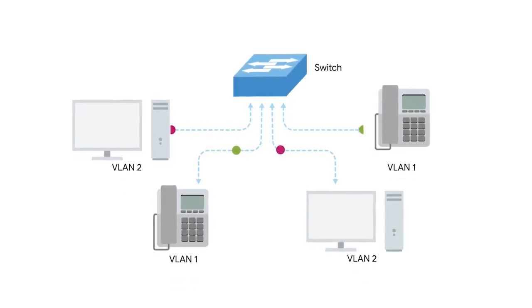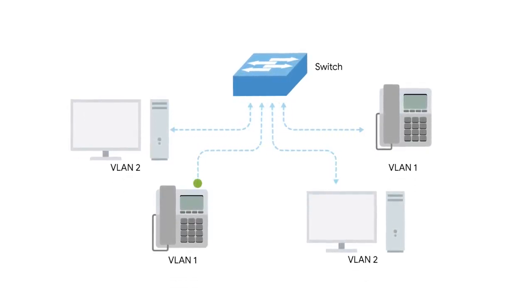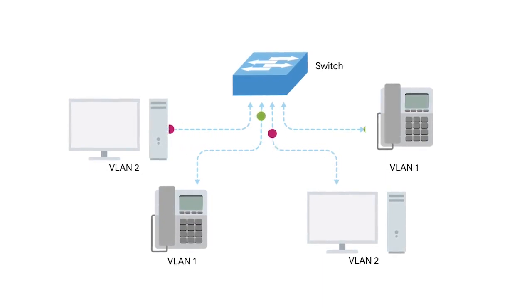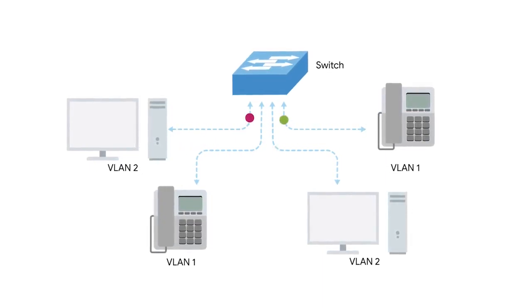Any frame with a VLAN tag will only be delivered out of a switch interface configured to relay that specific tag. This way, you can have a single physical network that operates like it's multiple LANs. VLANs are usually used to segregate different forms of traffic. So you might see a company's IP phones operating on one VLAN, while all desktops operate on another.